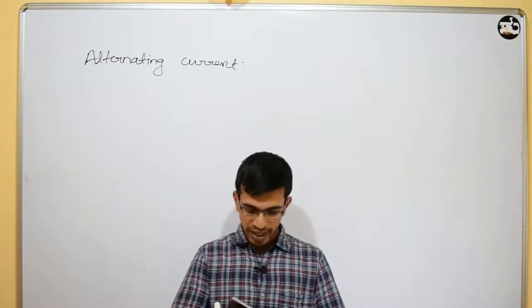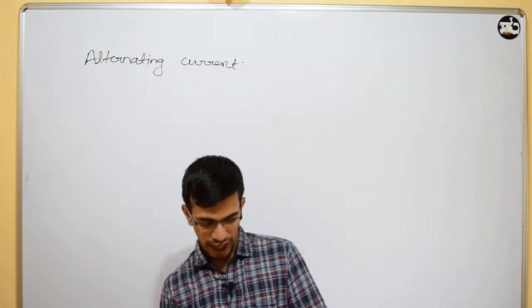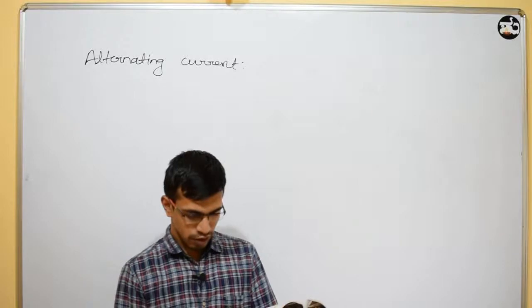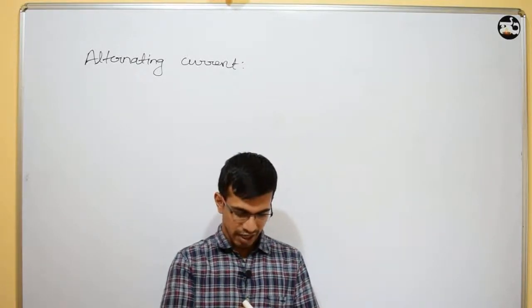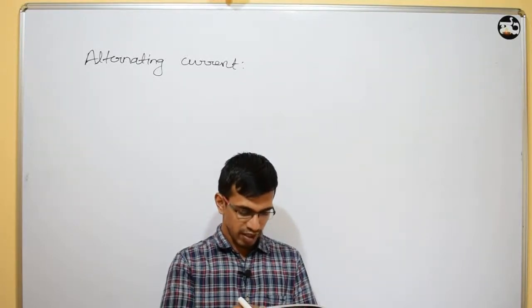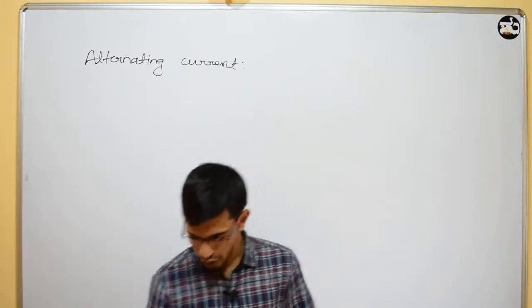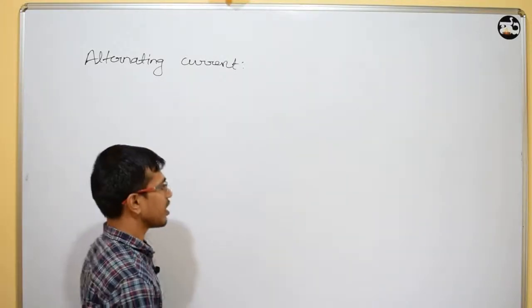A 20 ohm resistor, 1.5 Henry inductor and 35 microfarad capacitor are connected in series with a 220 volt 50 hertz supply. Okay, so here try to write the given information.